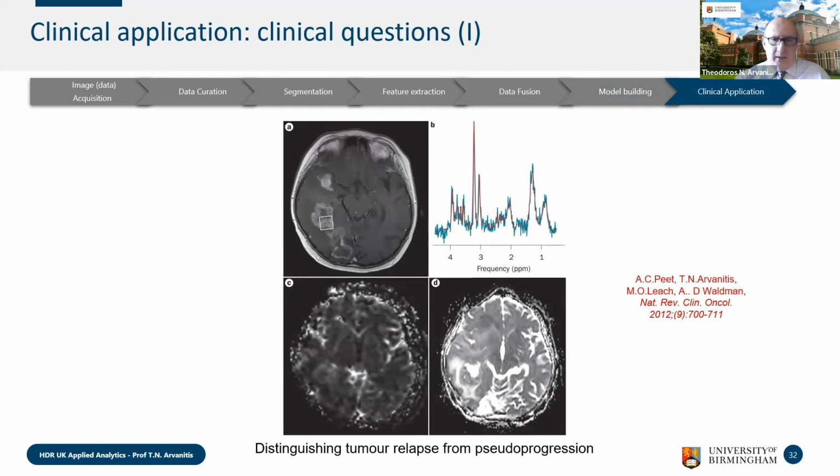Here's an example. A typical problem we have at the progress of a therapy, especially after radiotherapies, is that we're not sure if indeed the tumor has progressed to be eliminated or it has relapsed. The imaging is not always conclusive, the structural imaging, although you might see some changes, you're not sure about that.